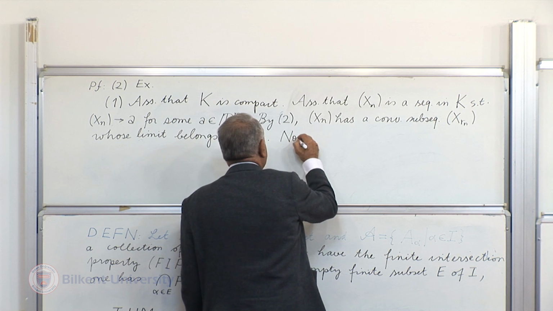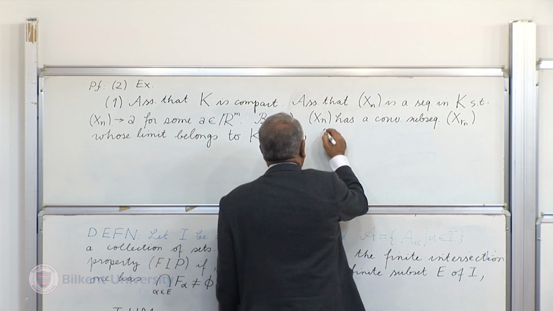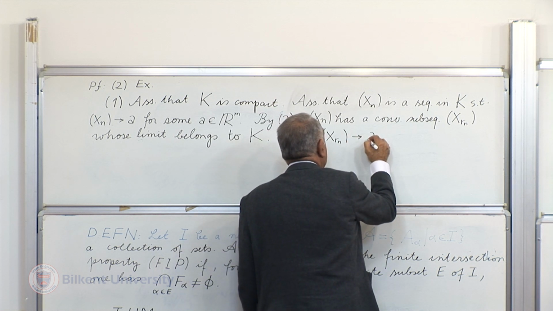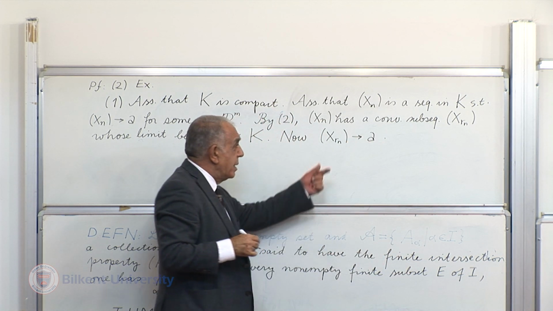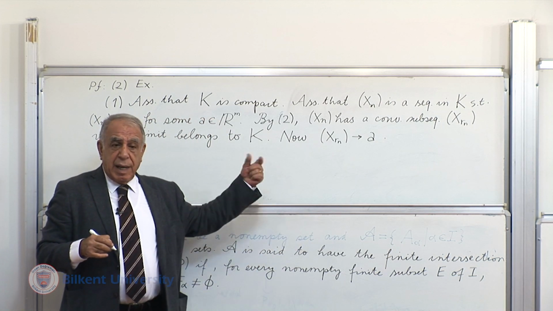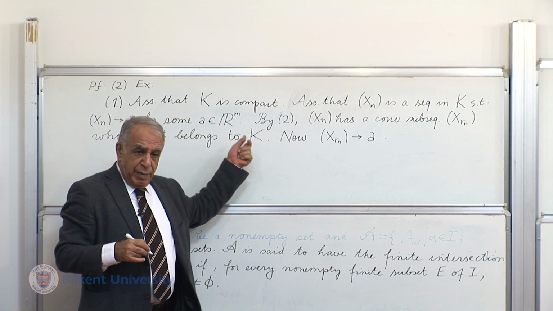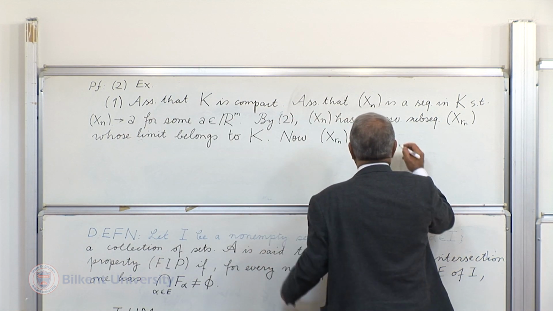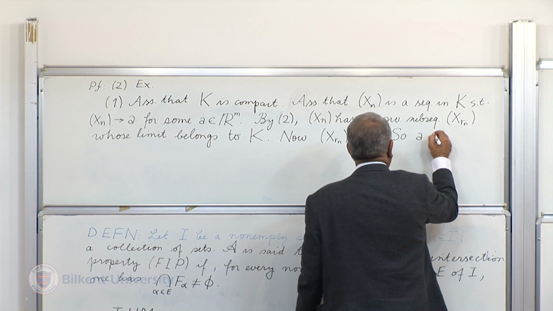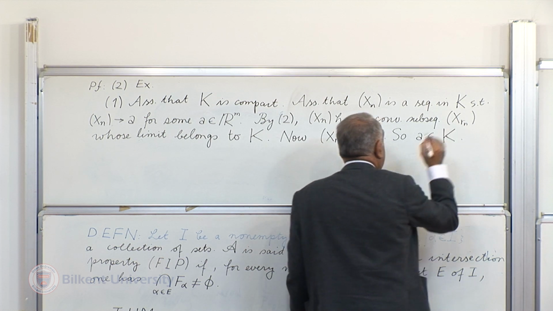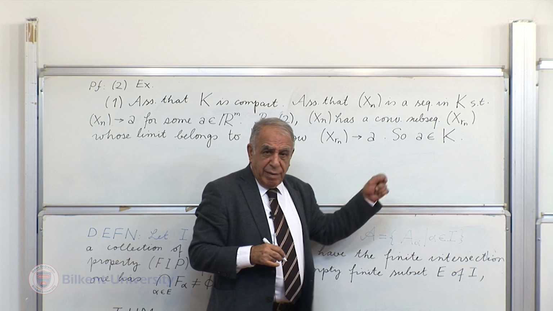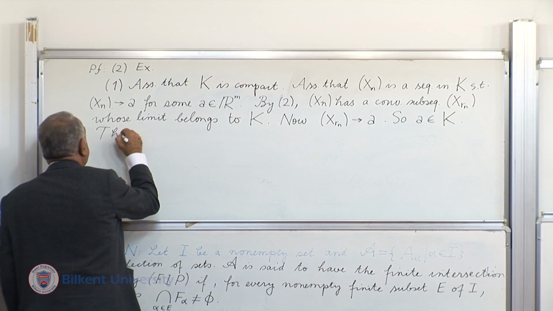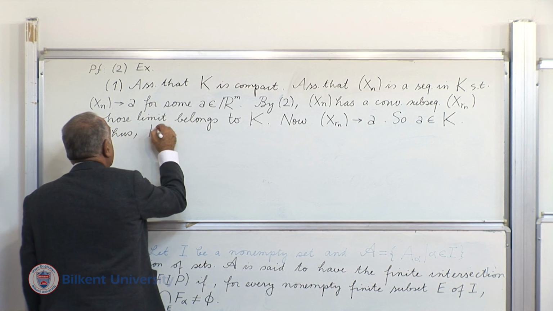Now, x sub r sub n converges to A, since x sub r sub n is a subsequence of the sequence with limit A. But then this says that A is in K. The limit of x sub r sub n is in K, thus K is closed.